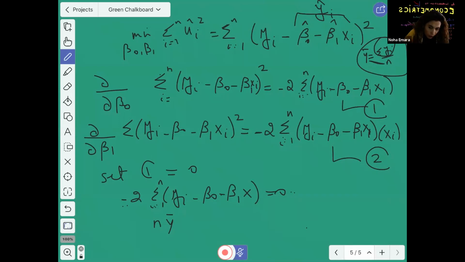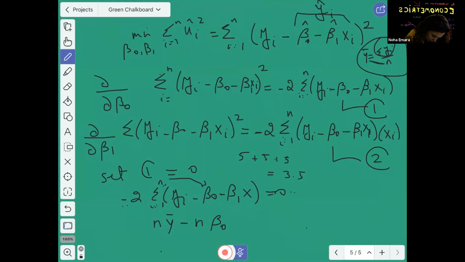The sum of something that is constant is basically equal to n times this constant. If I'm summing 5 plus 5 plus 5, I can say it's 3 times 5. So the sum of something constant that is repeated n times is equal to n beta naught.